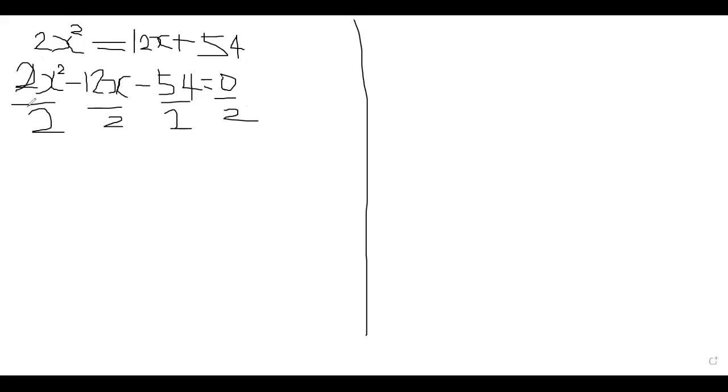So this cancels this, right? Let me do it so that you don't get confused. This cancels this. That's 6, right? This cancels this. And this is 0. Class, you agree with me that when 2 cancels 2, you are left with x squared, right?